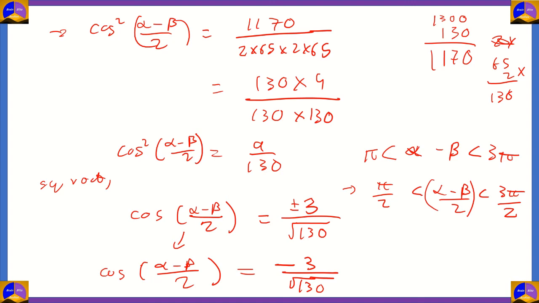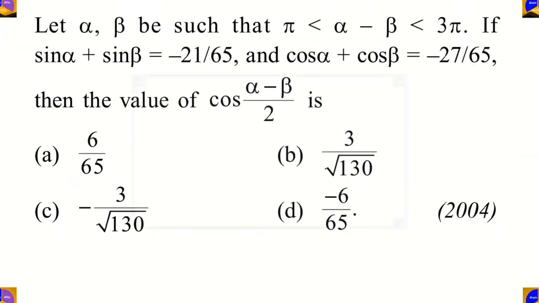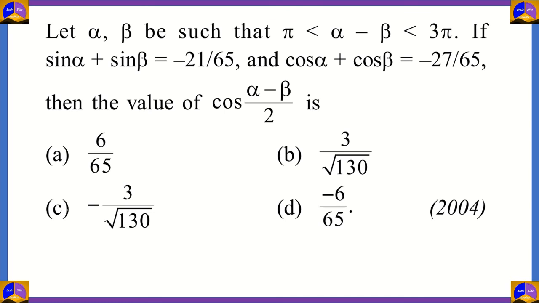And at these quadrants, we can easily find out that the cos function is always negative. So cos of alpha minus beta by 2 equals minus 3 divided by under root of 130. So among the 4 options, option C is the correct option.